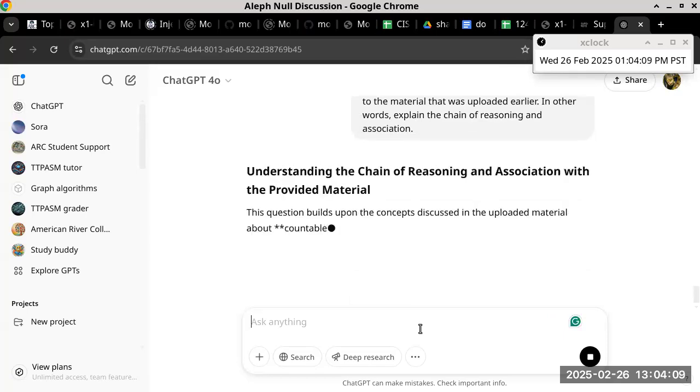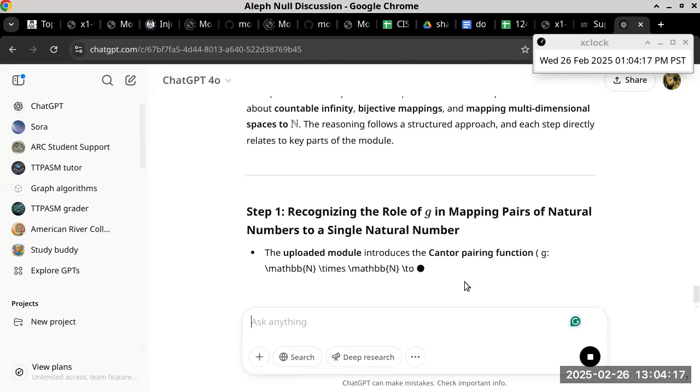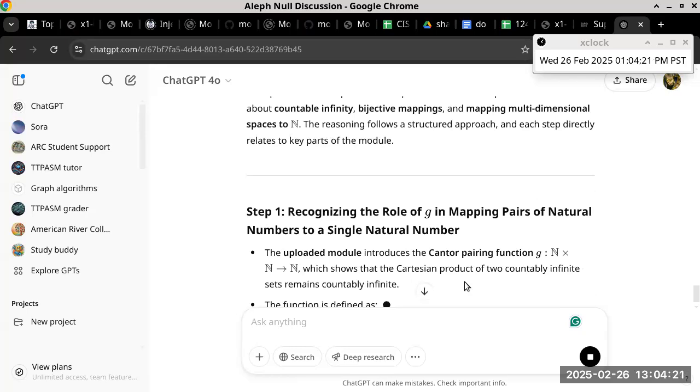So there you go. There are many, many ways to use ChatGPT or an AI in this particular context. I'm not going to read the whole thing, but I can tell you one thing.